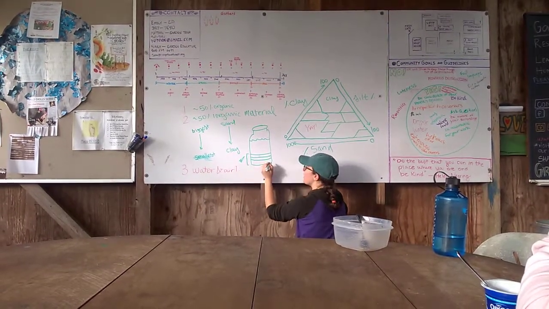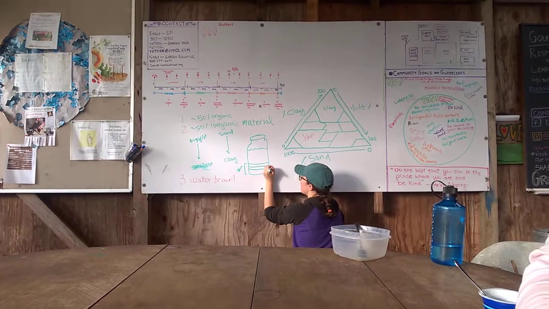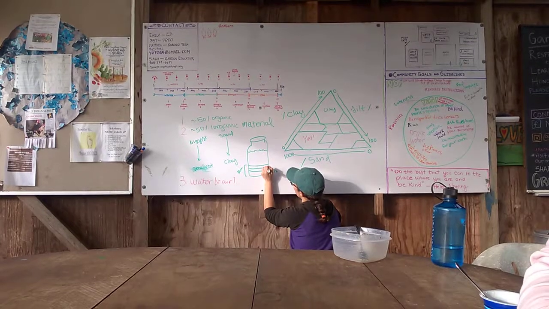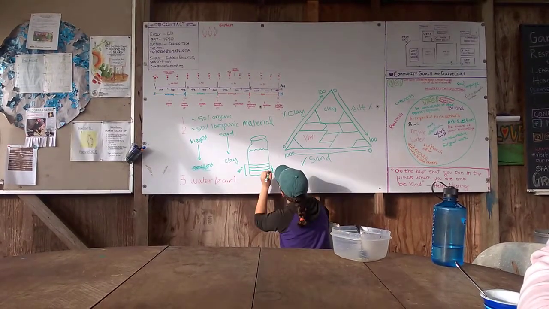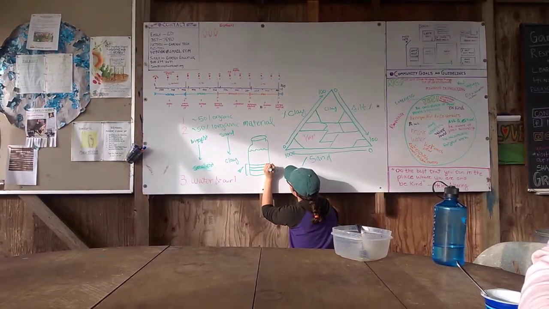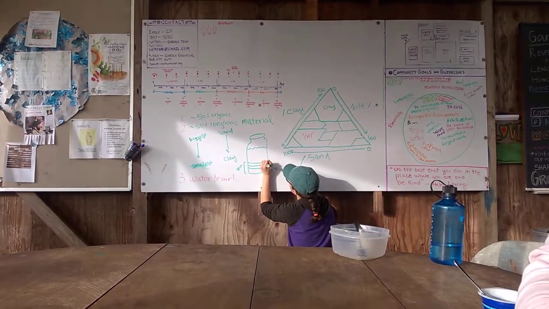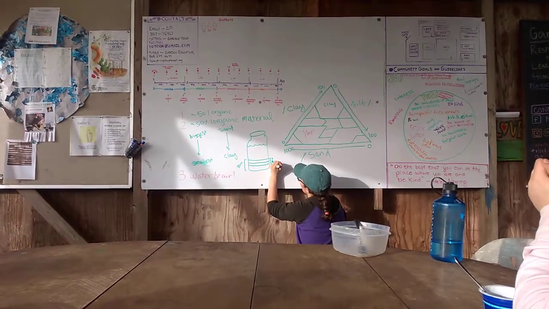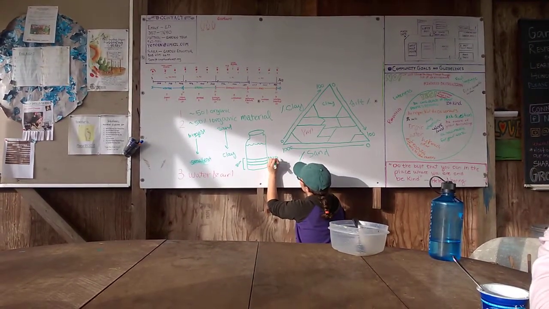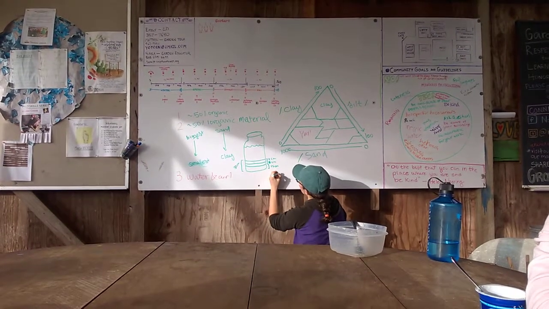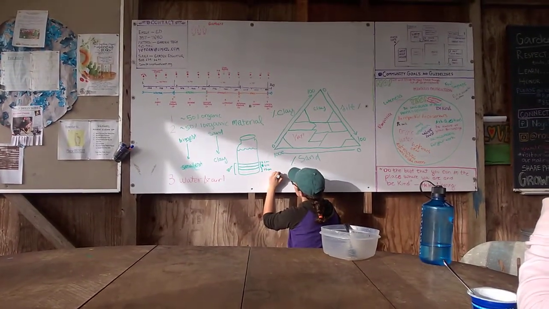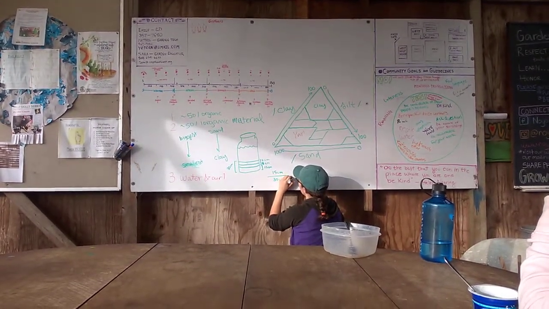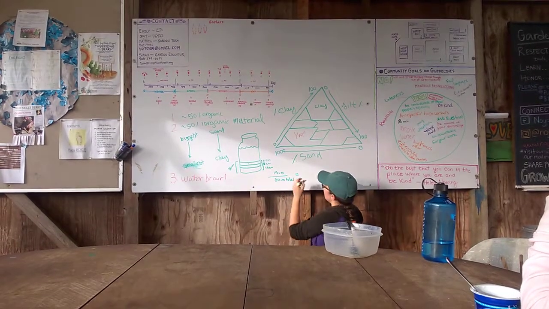If the bottom layer is 15, the middle layer is 8, and the top layer is 7, then we say 15 centimeters over 30 total is 50%.